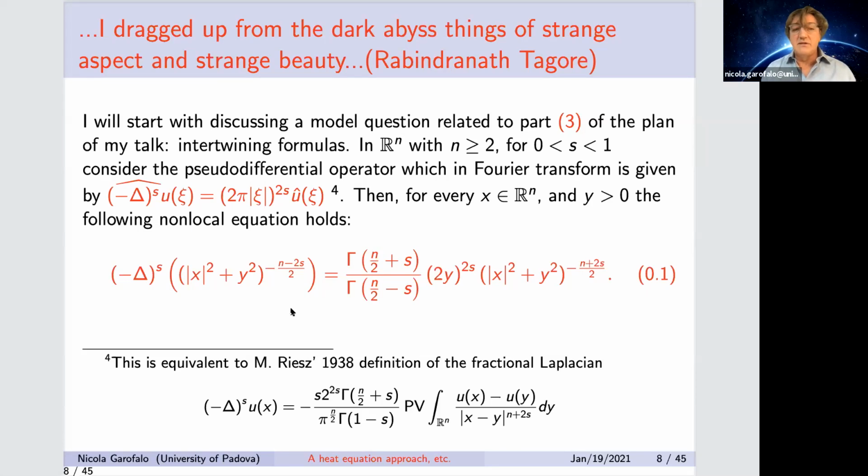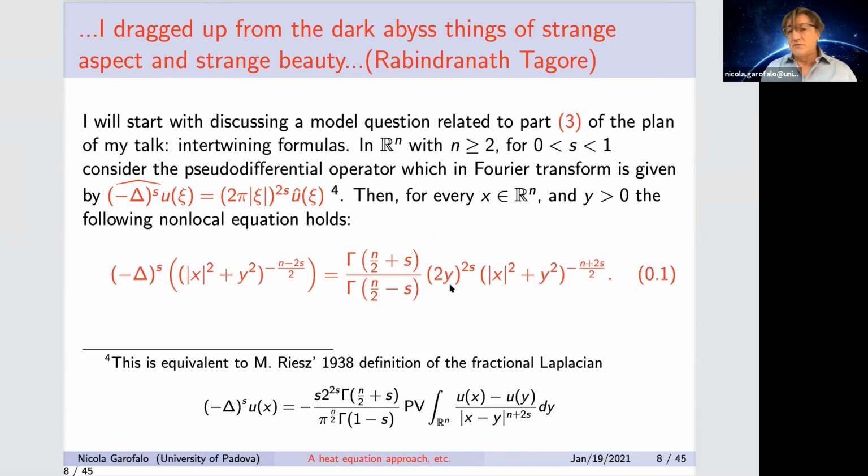So there is this nonlinear equation which is satisfied by this quantity here. If you take the standard fractional Laplacian of this function here, where x runs in R^n and y is an arbitrary positive number. If you don't like the y, you can just put y equal to 1, because this equation is invariant under scalings.